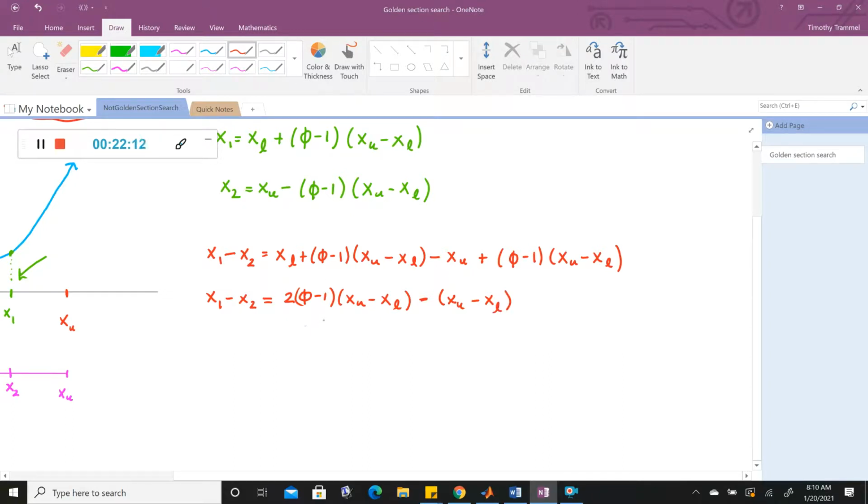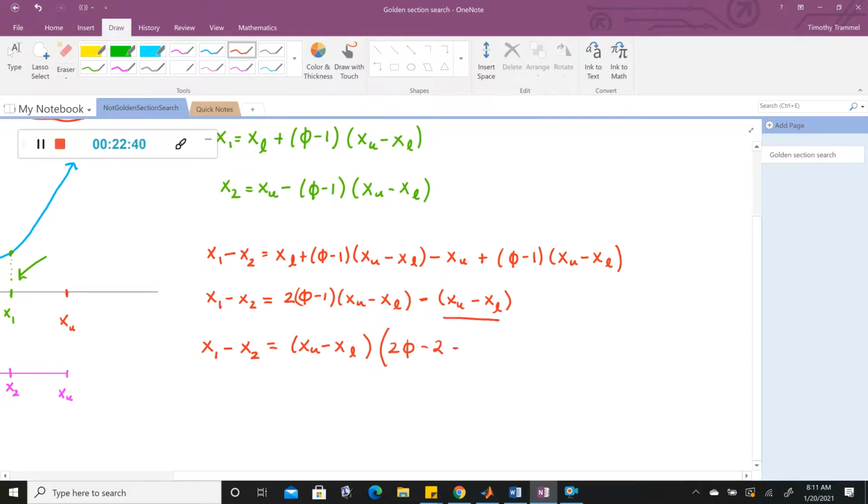Now you might notice that these two terms have a common factor of x upper minus x lower. And so we could go a little further. If I pull out an x upper minus x lower from this first term, we'll be left with 2 phi minus 2.